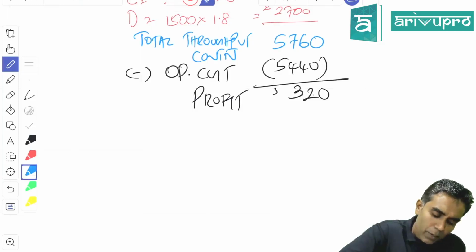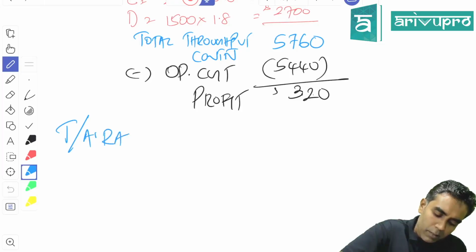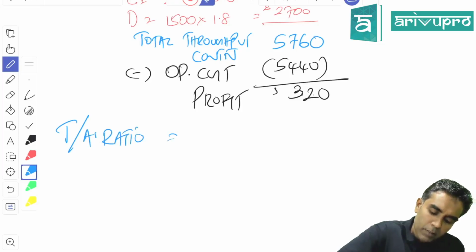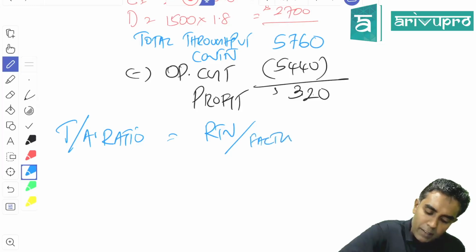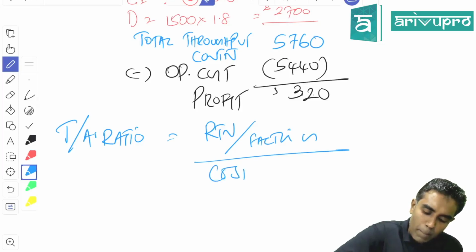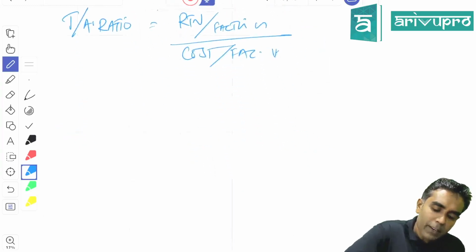How to calculate for the whole company? TA ratio equals return per factory hour divided by cost per factory hour. So how to calculate return per factory hour?